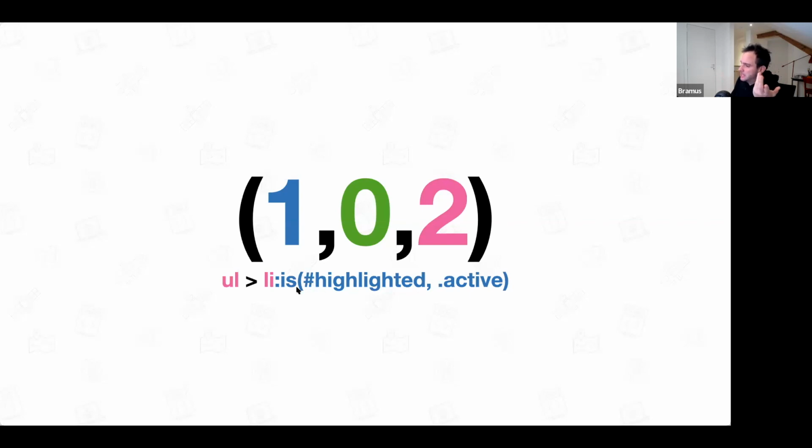Well, here it's actually overwritten by the A part being 1, because here we have an ID selector. So the whole thing that you see in between the is will take over the specificity from its most specific argument, here being the ID selector. So we end up with 1 for the A part, no classes, no pseudo classes selected, and then 2 elements covered. So that's a really important thing.